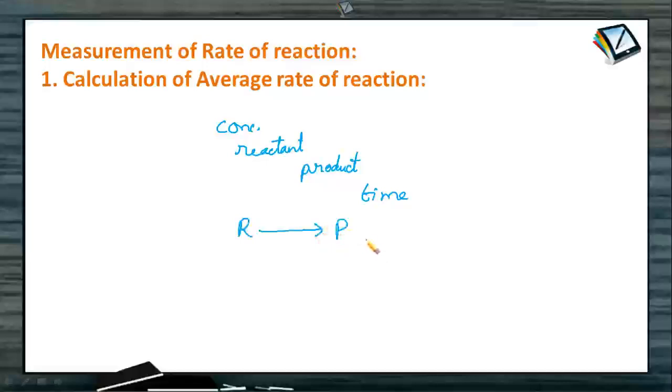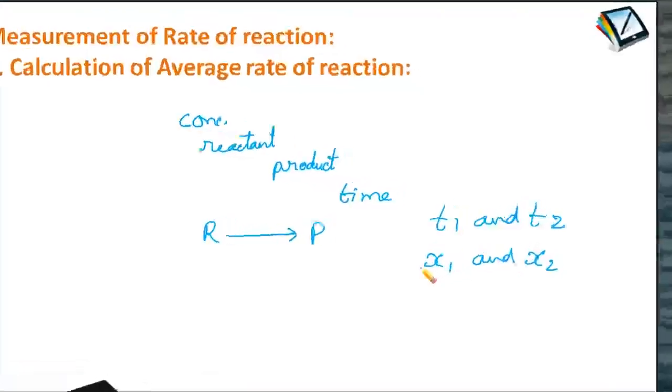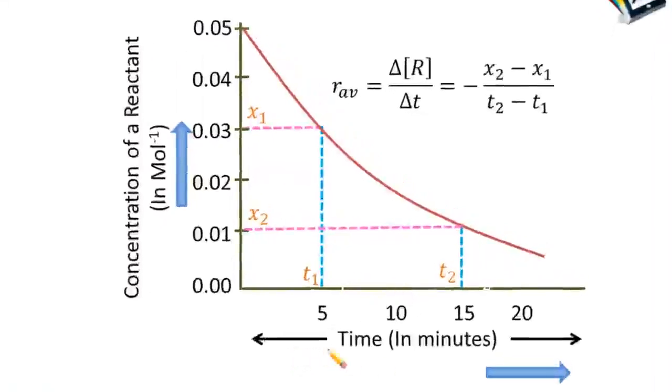between any two instants of time, say for example T1 and T2, the corresponding concentrations X1 and X2 are to be noted from the graph. Let's see how. So this is the graph showing the time on the x-axis and the concentration of the reactant on the y-axis.